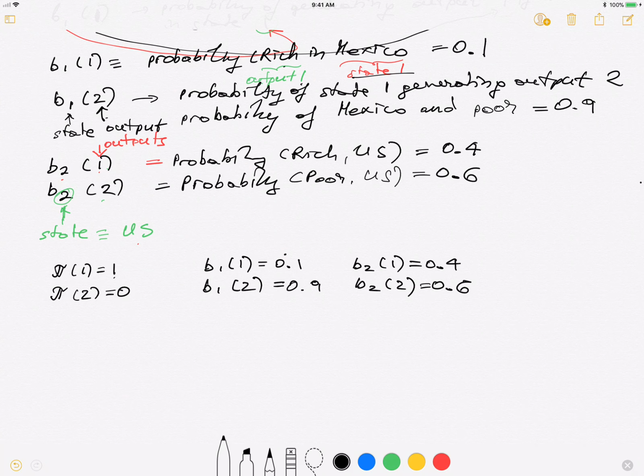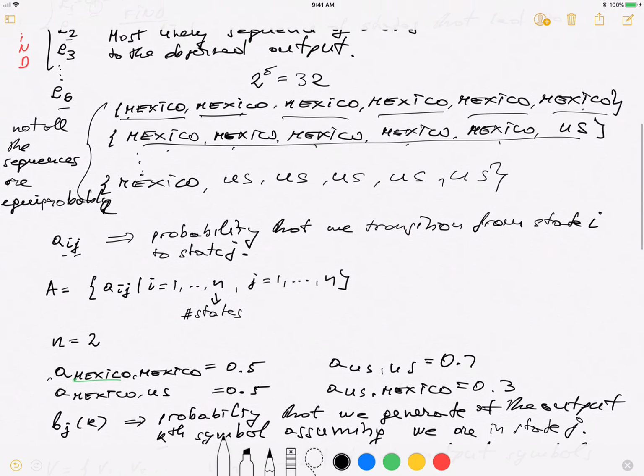And I can write my matrix A, which consists of A11, A12, A21, and A22.